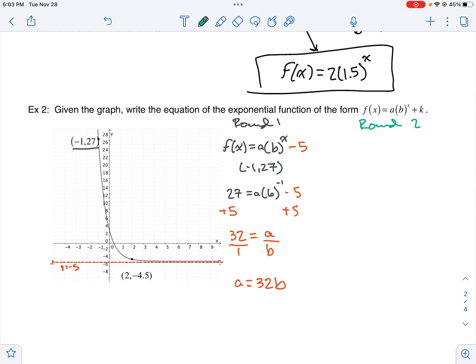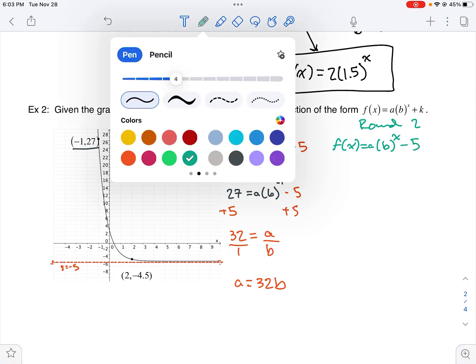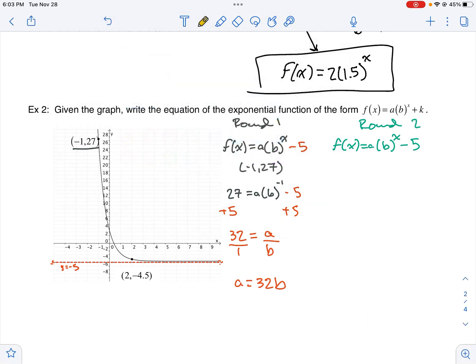All right, so round 2. So f of x equals a times b to the x, -5 for that horizontal asymptote. And this time, we know that a is equal to 32b. So before I sub in a second point, I'm going to say, okay, I don't know what a is just yet, but it's going to be 32 times b to the x, -5.